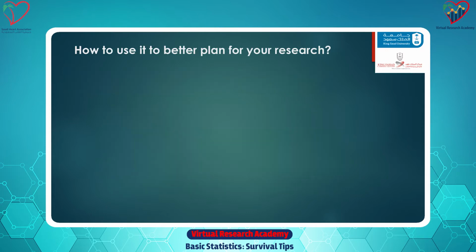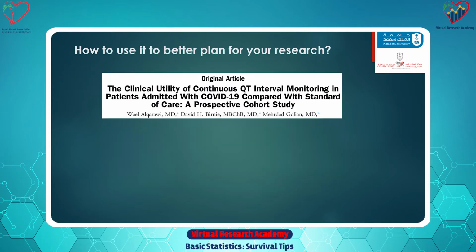I'll give you a personal example where a sample size calculation was really, really helpful. I only do this because I know all the details, so I think it fits, it shows the benefit of doing sample size calculation. So this is a study where we looked at continuous QT interval monitoring versus standard of care in COVID-19 patients.